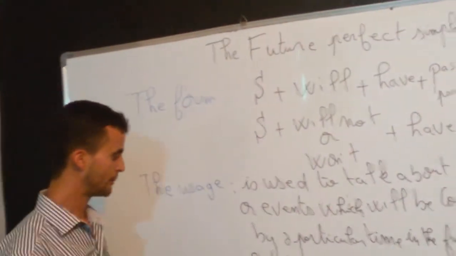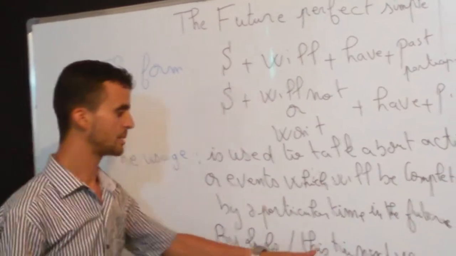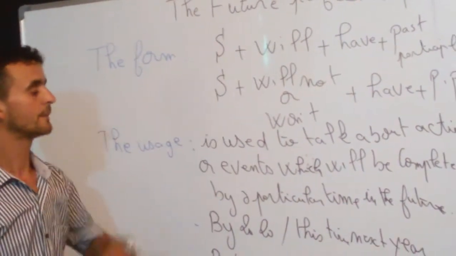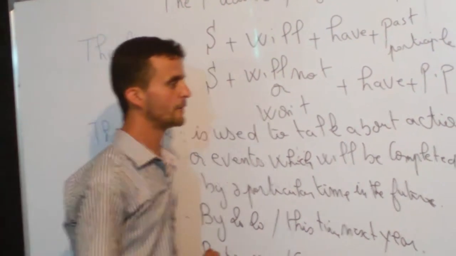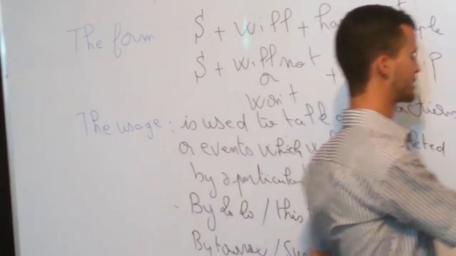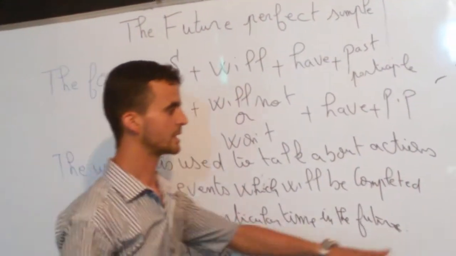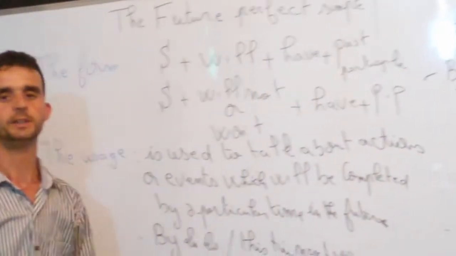So if you find expressions like this time next year, by tomorrow, by Sunday, we can use the future perfect simple here. For example, this time next year, I will have traveled to the USA.